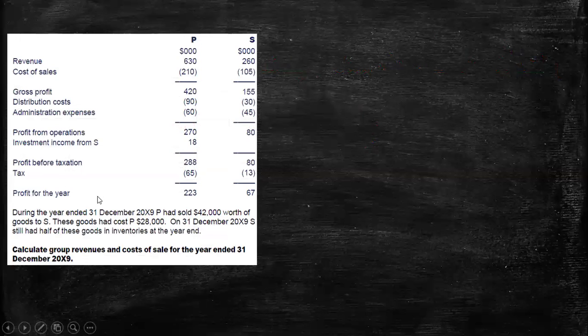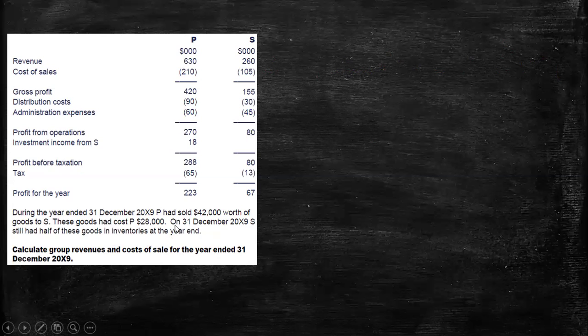So here we have a scenario during the year ended 31st December 2019. Parent had sold $42,000 worth of goods to S. These goods had cost 28,000. So we can calculate the unrealized profit on this. On 31st December, S still had half of these goods in inventory at the end of the year.